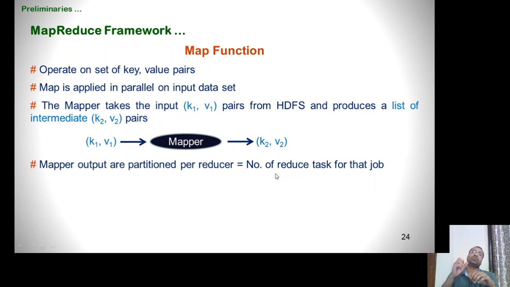So suppose I want to execute only 3 reduce tasks. All the intermediate key value pairs will be divided among the 3 reduce tasks. But key value pairs with the same key must go to the same reduce task. Let us see how it works.